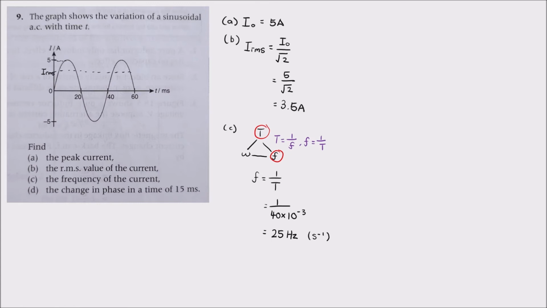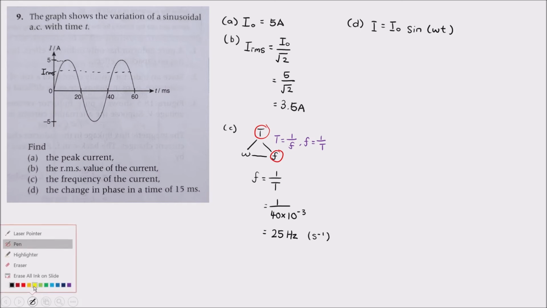Okay, so last one, the change in phase in a time of 15 milliseconds. I didn't really explain very explicitly what is change in phase, but for our situation just now, let's say I is equal to I naught sine omega t. Whatever is inside our trigonometric bracket, the sine bracket, that will be called the phase.